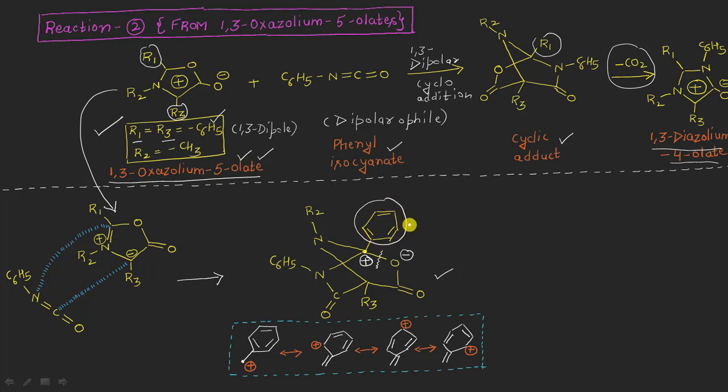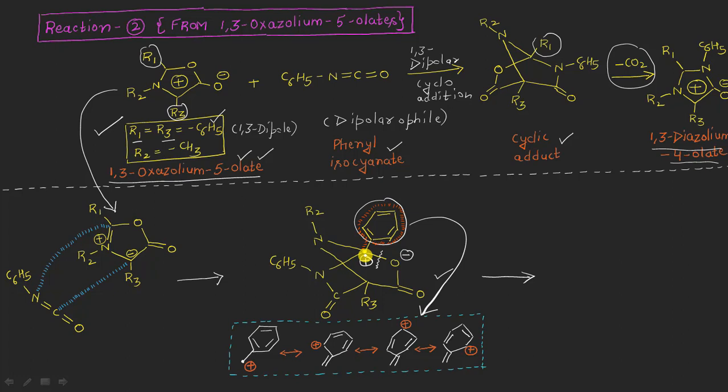In this way you can see the positive charge is being delocalized over the whole of the ring, such that if this is the positive charge, it is actually being dispersed over this whole ring system, right? And we know that dispersal of charge means stability, so it will go towards a more stable state, and that will be to have a positive charge on this carbon atom, right?